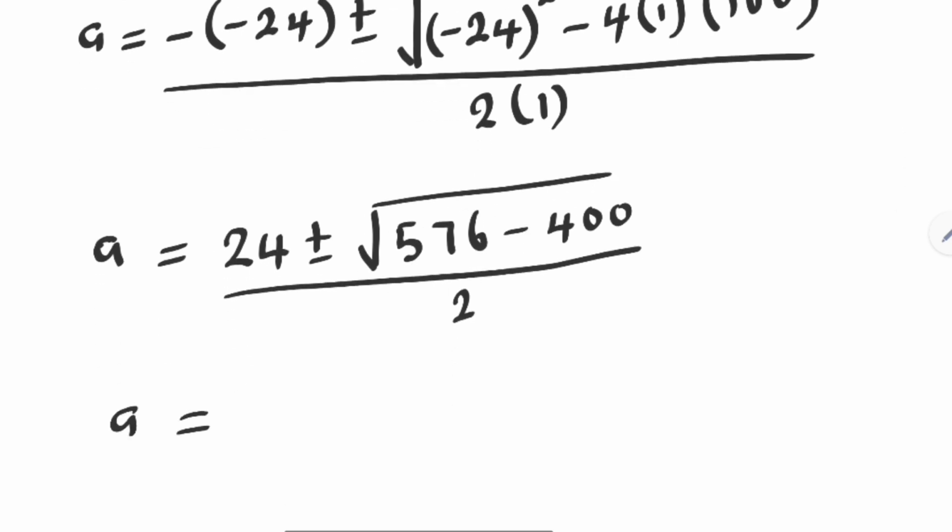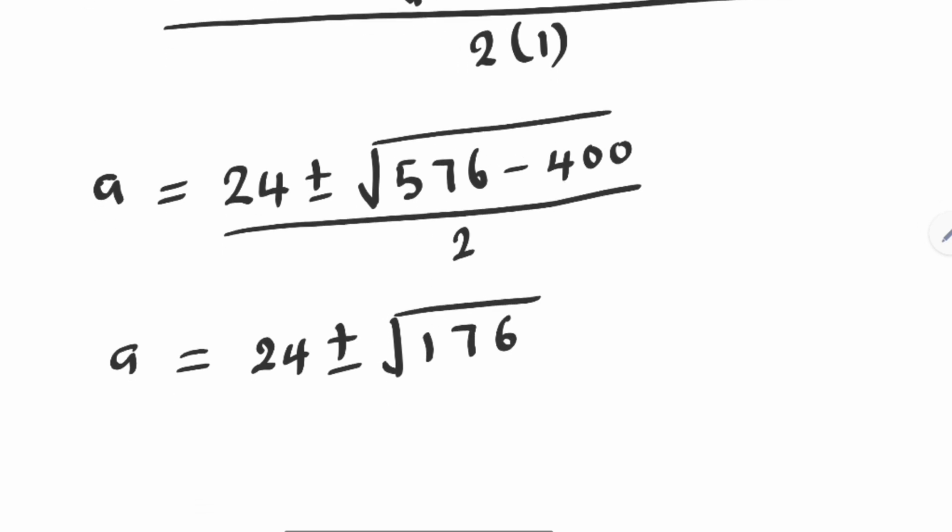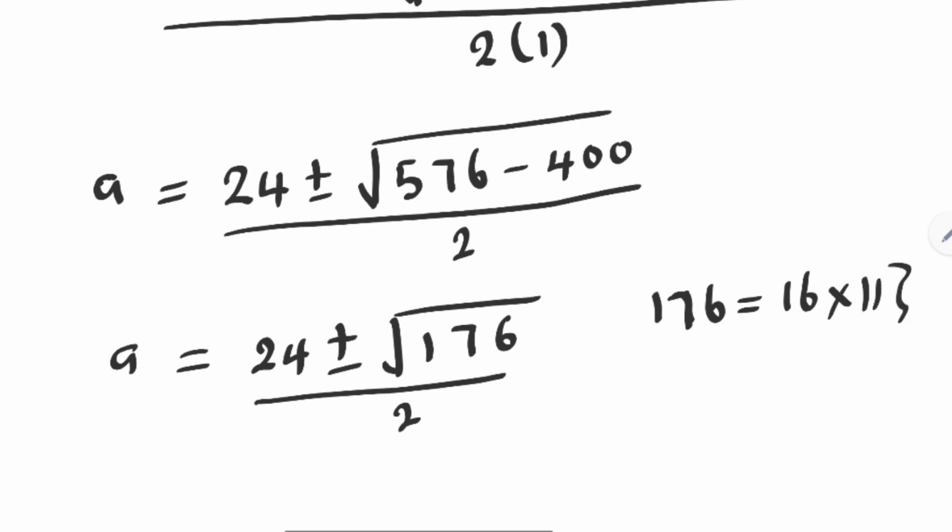A is equal to 24 plus or minus square root of 576 minus 400, that is 176, divided by 2. 176 is equal to 16 multiplied by 11.